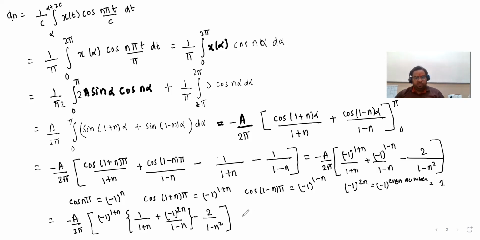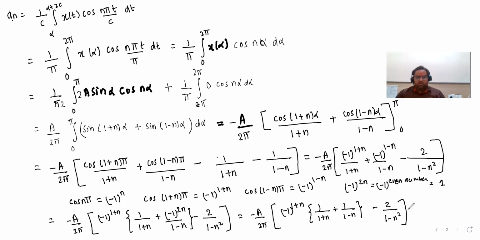So we have basically here minus a divided by 2 pi and minus 1 to the power 1 plus n, and then we have 1 divided by 1 plus n plus 1 divided by 1 minus n and minus 2 divided by 1 minus n square. So this is the thing.